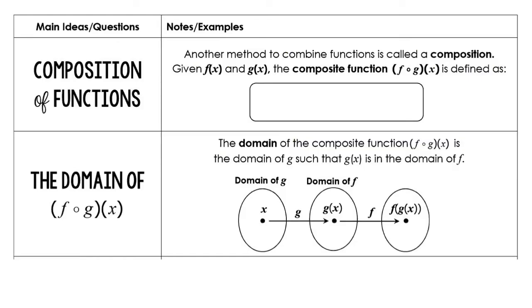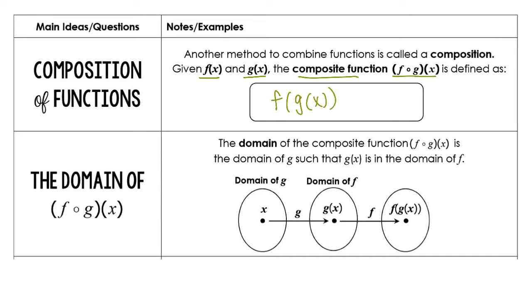Okay, another method of combining functions is called the composition function. Given f of x and g of x, the composition function of f of g of x, that is going to look like f of g of x.